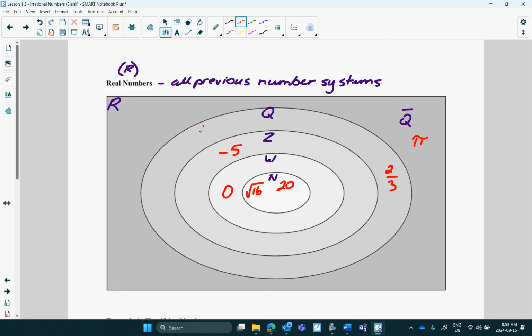Good. Hold on. No, I'm going to stick with it. Square root of 17. Irrational. Cube root of 9.